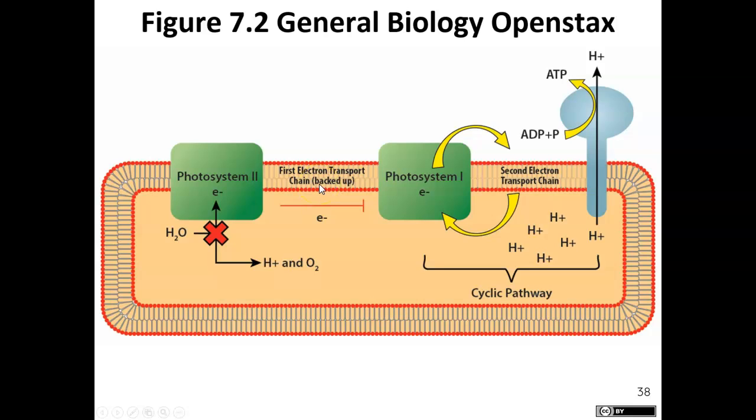So this electron transport chain then is going to produce ATP as the hydrogens move across a membrane. After they go through the membrane, they're going to attach to the NADP, which is waiting, and they're going to become NADPH. The electrons are going to move into photosystem 1.